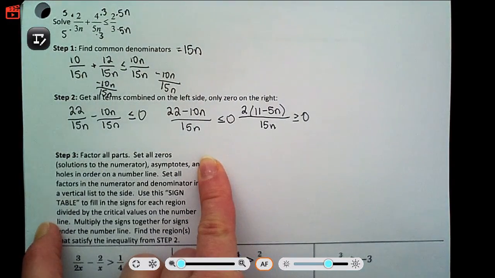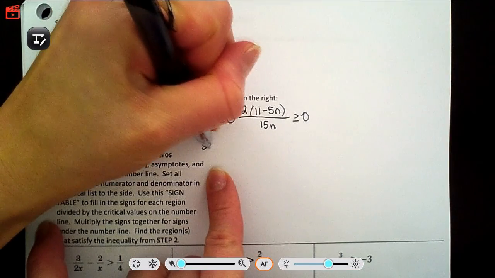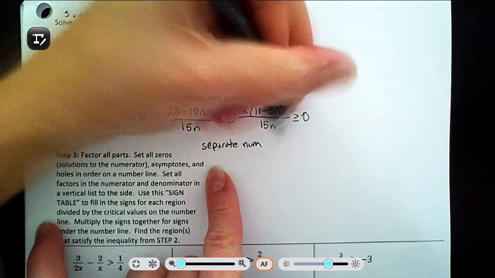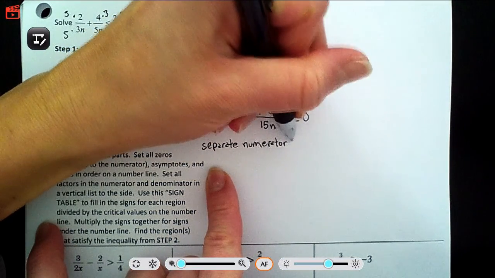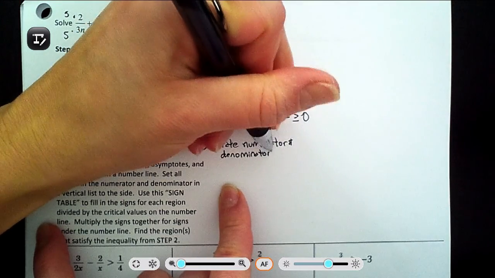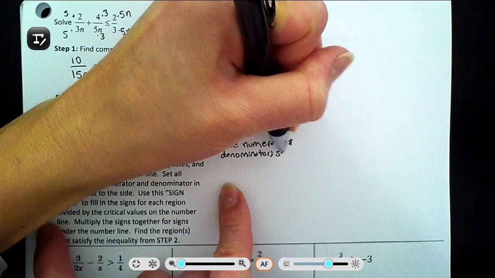Now what I'm going to do is separate numerator and denominator. Okay, and then solve both.